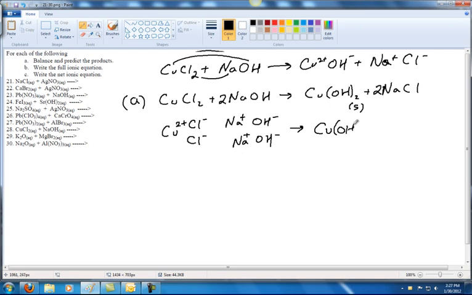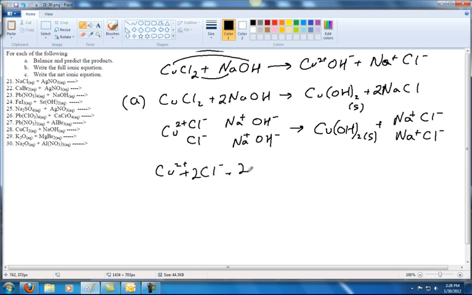The Cu(OH)2 is a solid and it won't split into ions. And then we've got the NaCl, and again the charges we can get from up here. And now we can go ahead and figure out how many of each we've got. We've got 1 copper 2 plus, and now we've got 2 Cl minuses here.